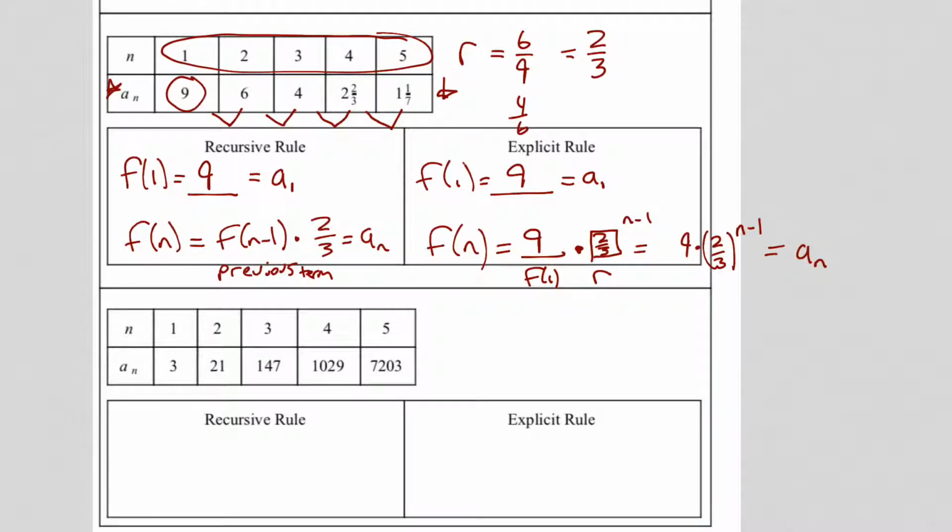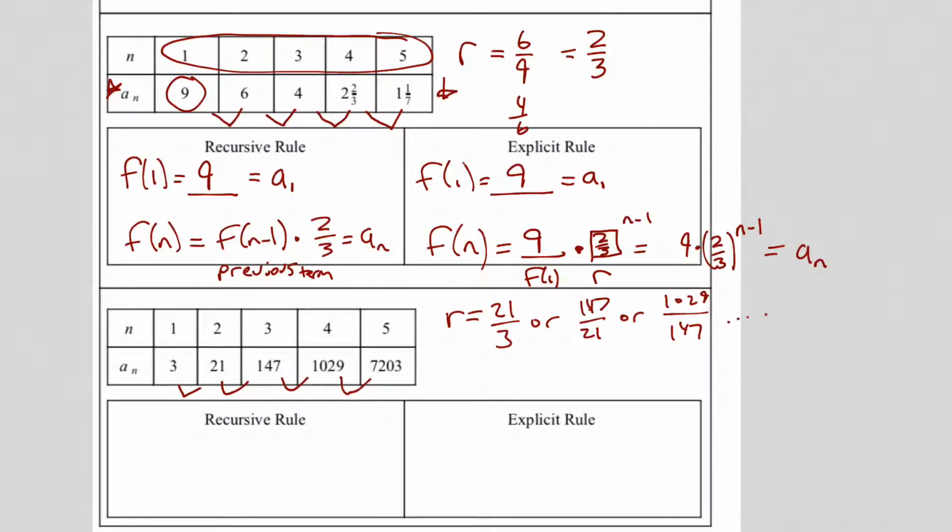So the last example before we jump to the homework packet is the same thing. Instead of finding the common difference, we're going to be finding the common ratio. So the common ratio is going to be equal to 21 divided by 3, or 147 divided by 21, or 1029 divided by 147, right, and so on.